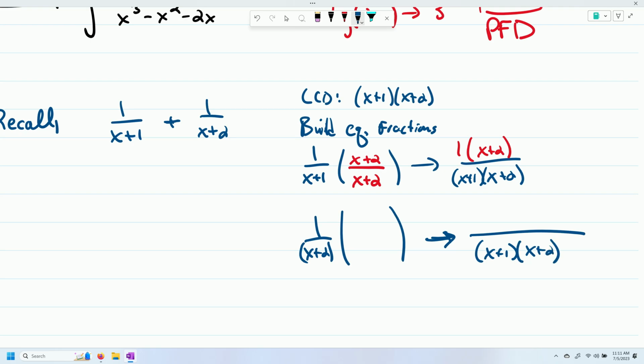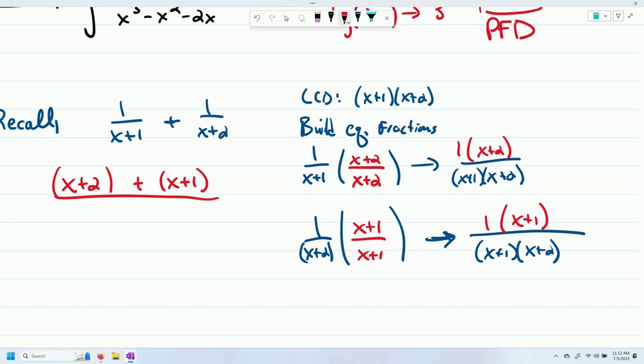And yes, if you're sitting there thinking, well, that would be x plus 1 over x plus 1, I would completely agree with you, and that would give us 1 times the quantity x plus 1. But the key to this is that when we build our equivalent fractions, we would write just one big numerator here, and then you would write one big denominator as well.